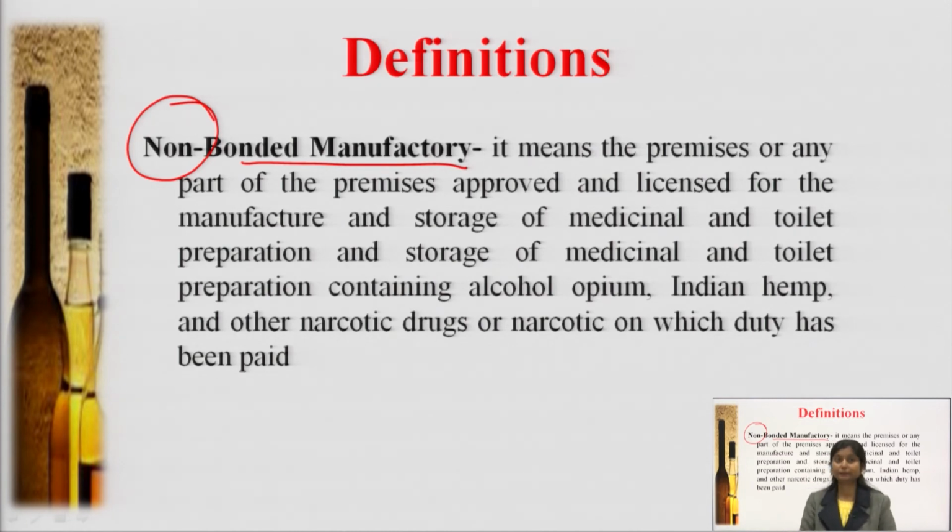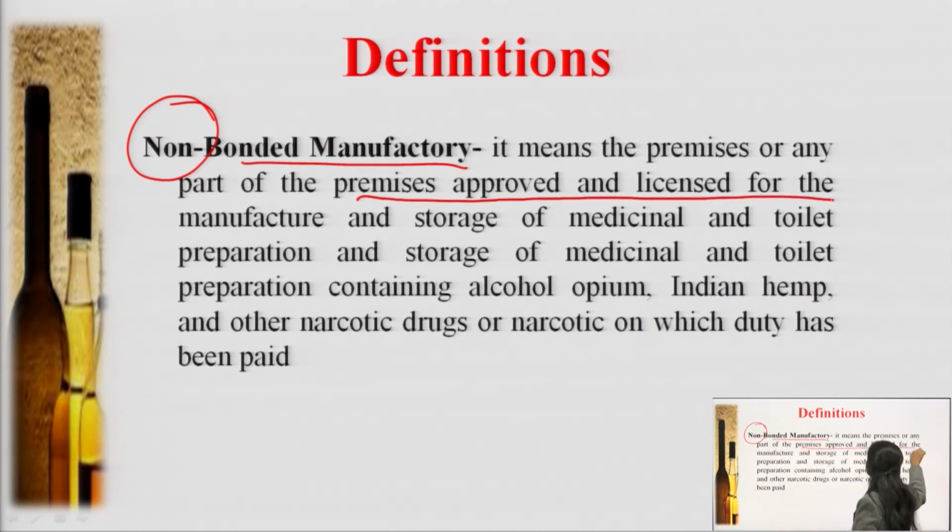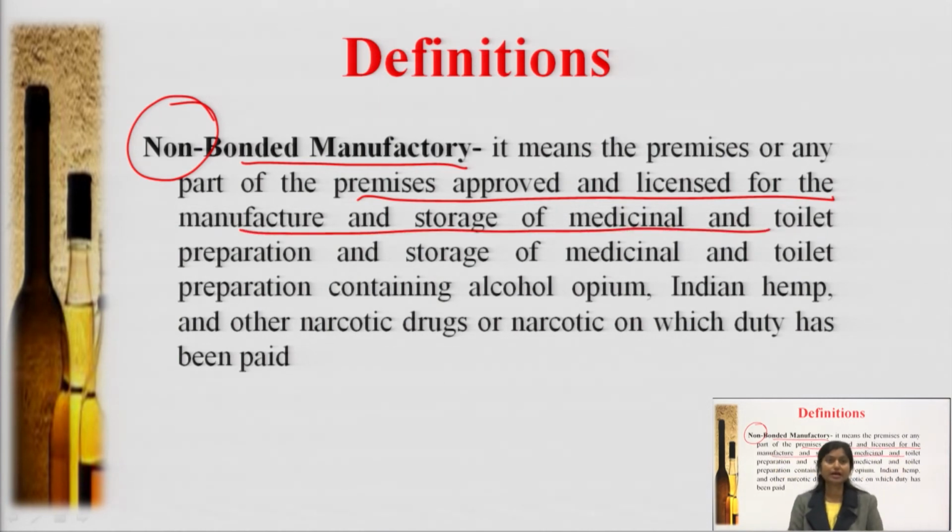It means the premises or any area or part of the premises approved and licensed for the manufacture, storage of medicinal and toilet preparations and storage of medicinal and toilet preparations containing alcohol, opium, Indian hemp and other narcotic drugs or narcotics on which duty has been paid.